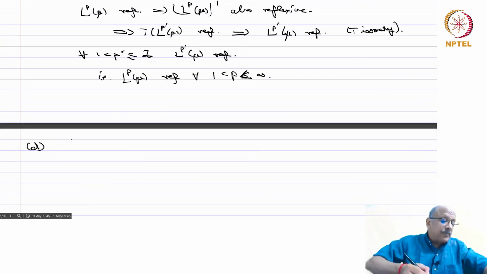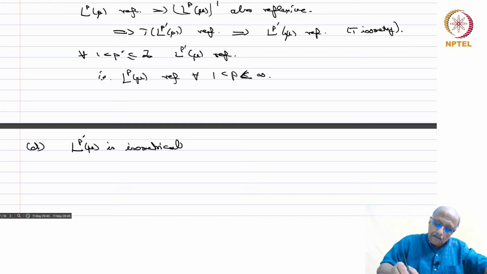D. L^p'(μ) is isometrically isomorphic to L^p(μ)'.